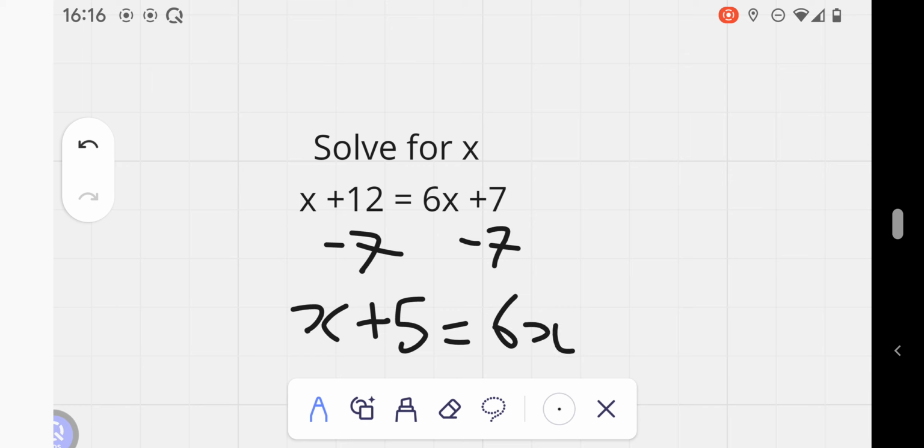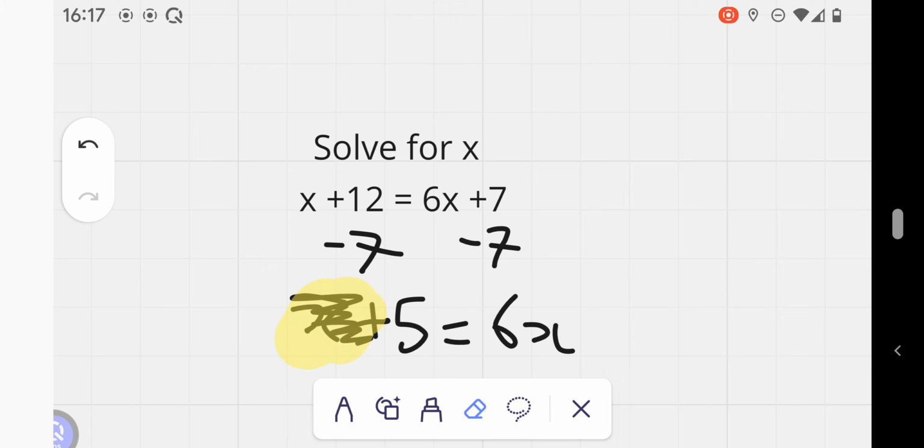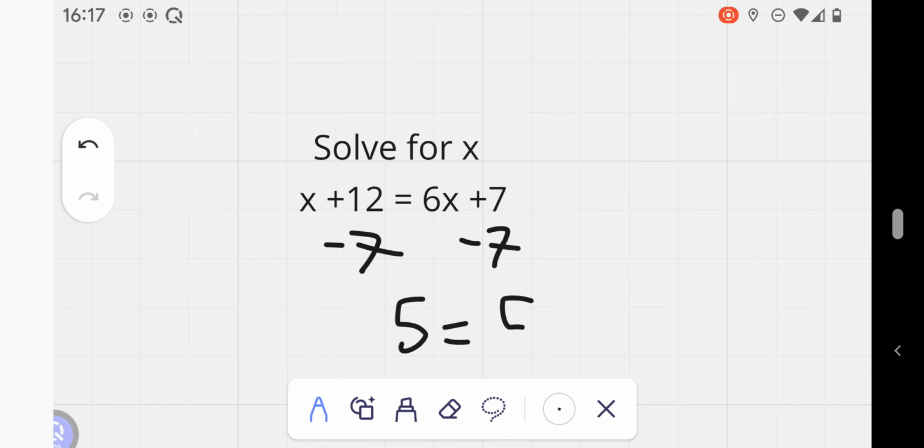Now what do we have to get rid of next? We need to get rid of x. So x can go from here, and that turns into 5x. Now we need x equals, not 5x equals. So you have to divide by 5 on either side.